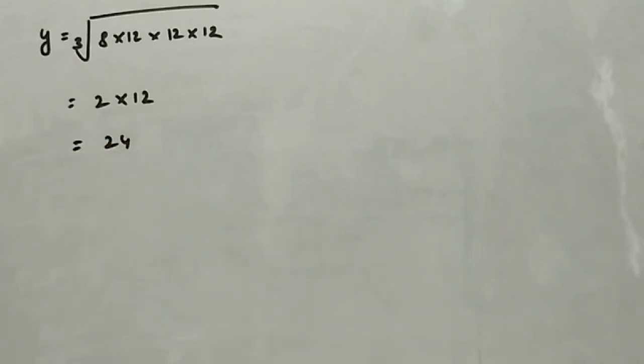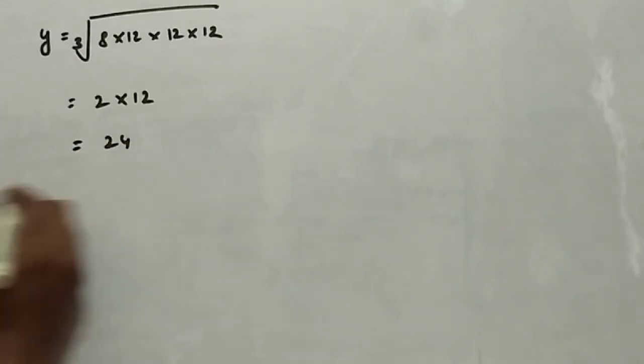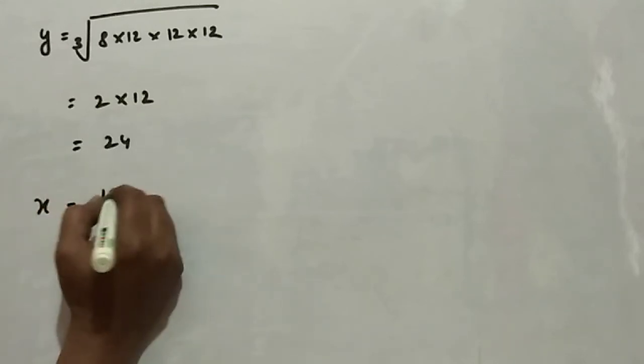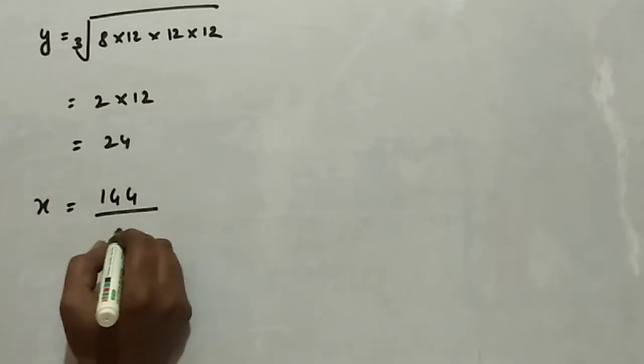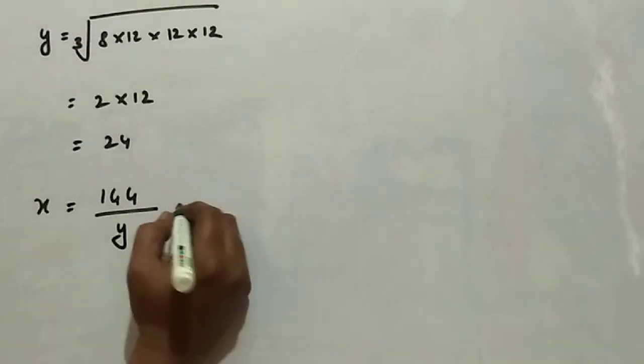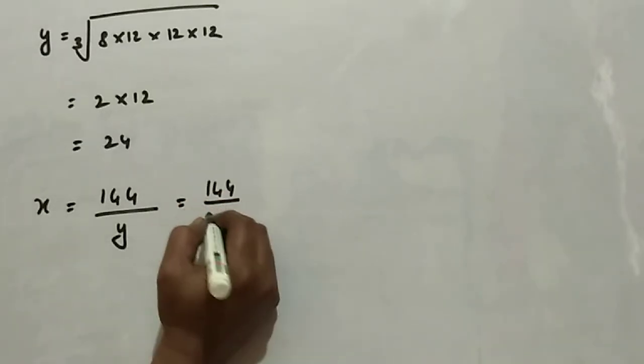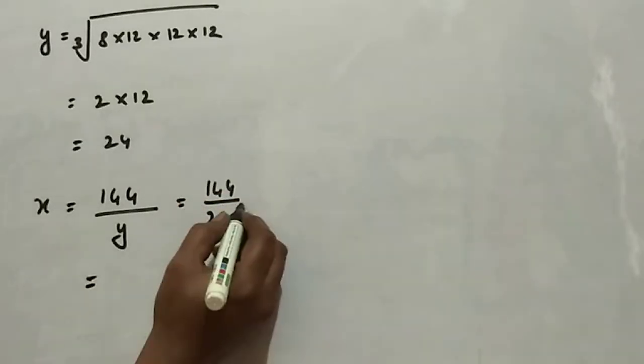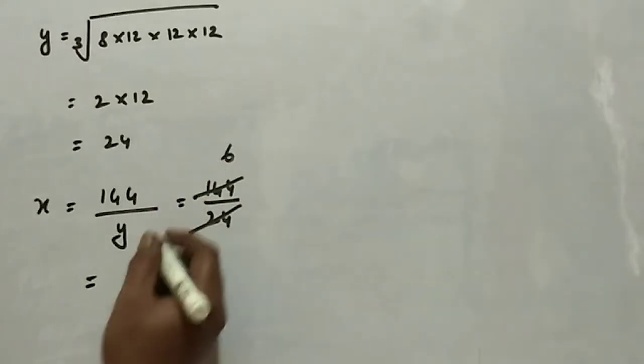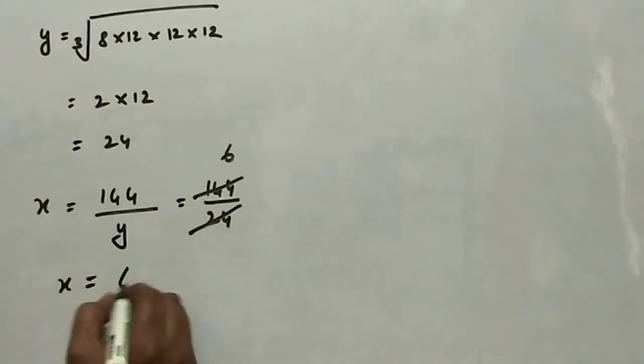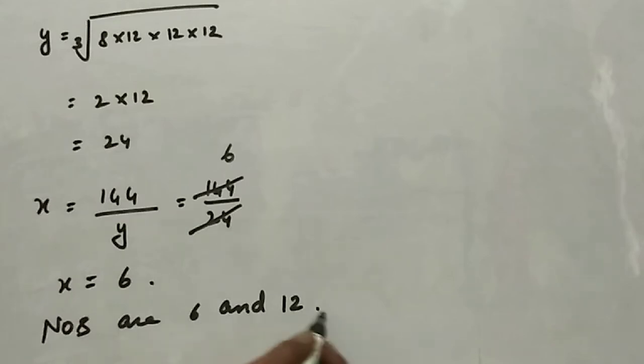Y is equal to 24. Now get x. X is equal to 6. Numbers are 6 and 24.